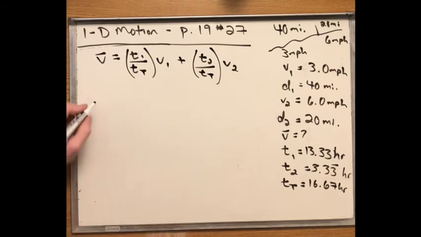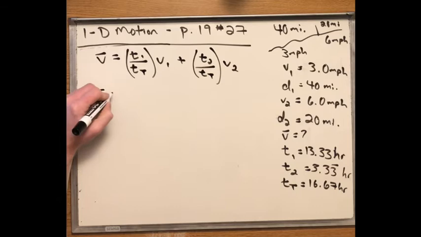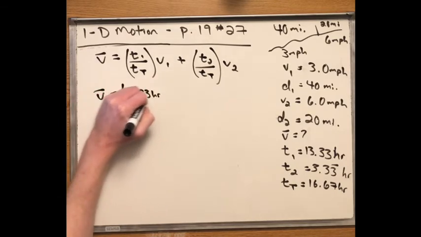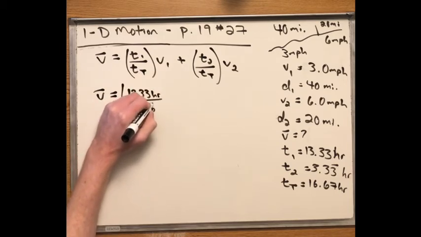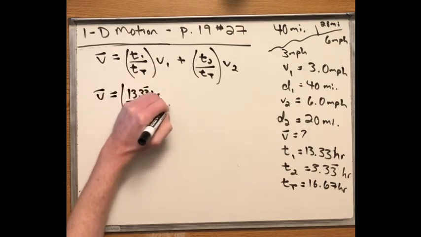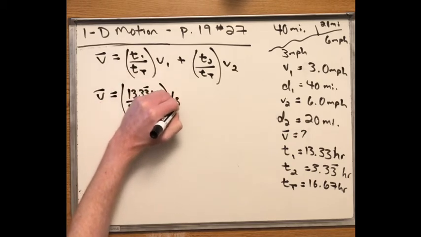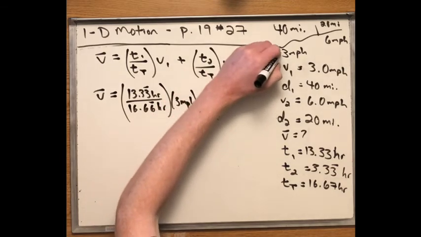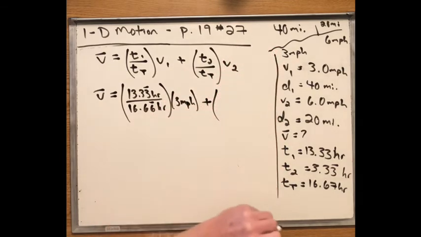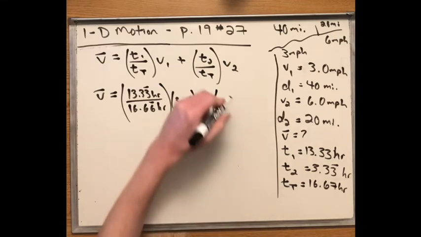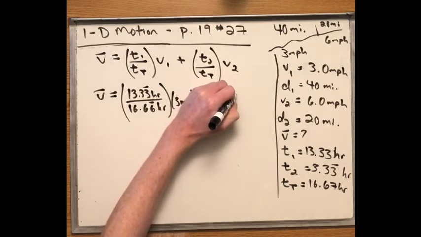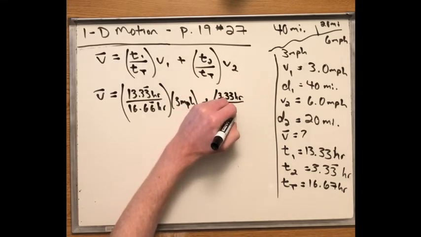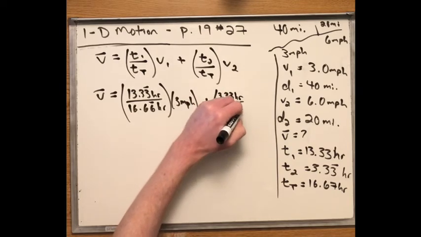And so putting all that together, we have 13.33 hours over 16.66 hours times 3 miles per hour, plus 3.33 hours over 16 2/3 hours.